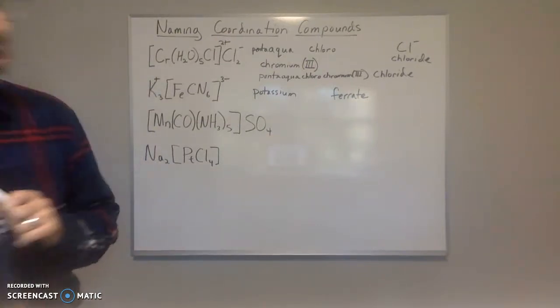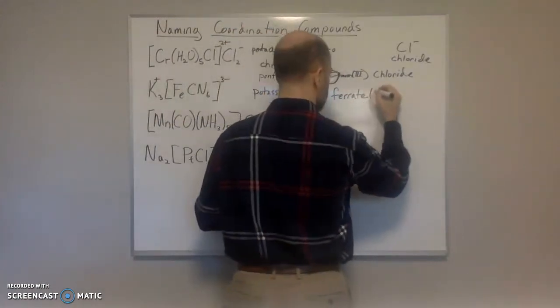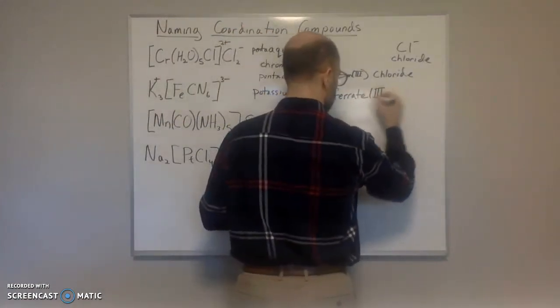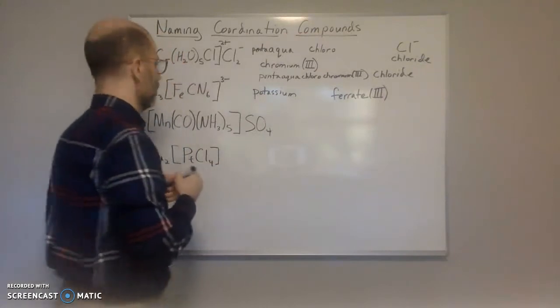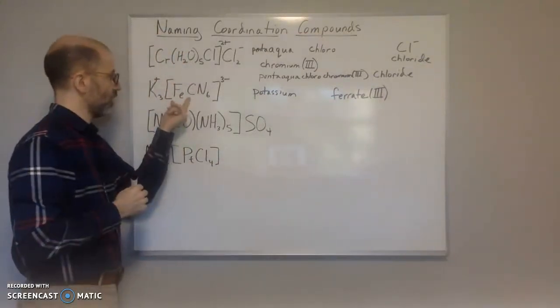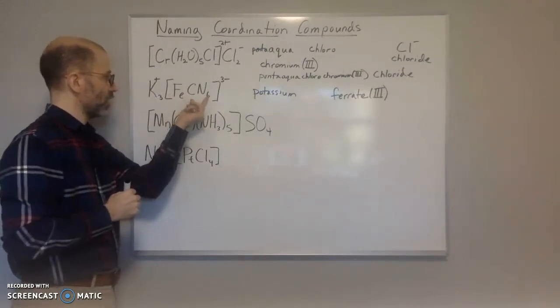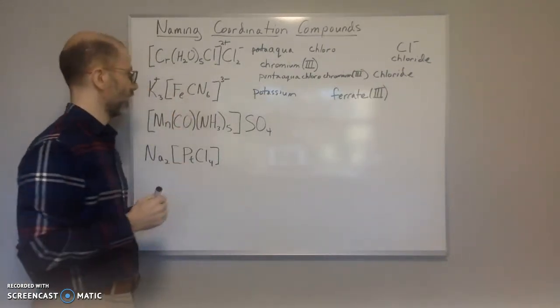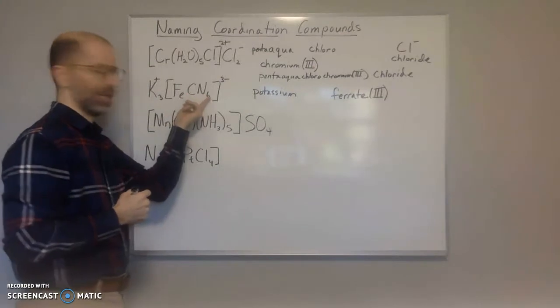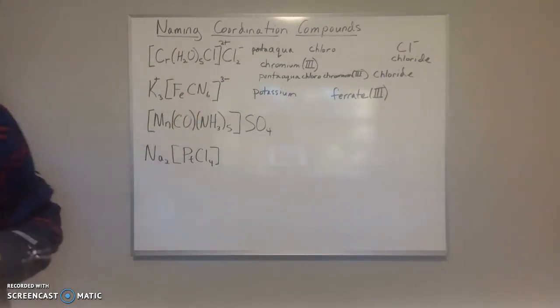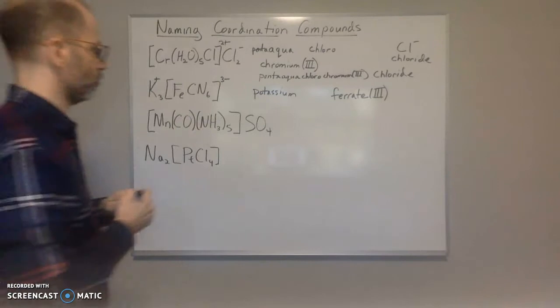So ferrate(III) is what we're going to call this. That's the iron in the complex. And then we have here CN. That's going to be a ligand, and we're going to call that cyano, right?